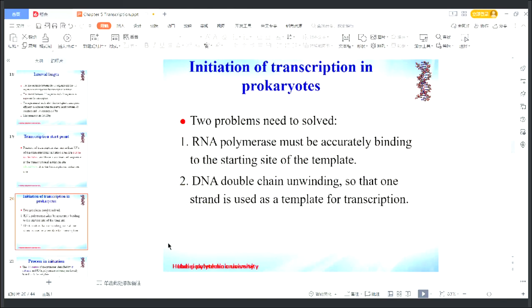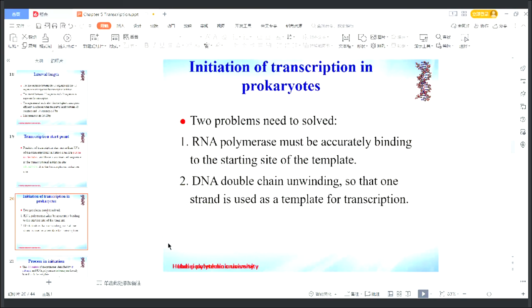Here, before we study the transcription in prokaryotic organisms, I simply compare it with the replication. In order to study more easily, we artificially divide the transcription into three stages.